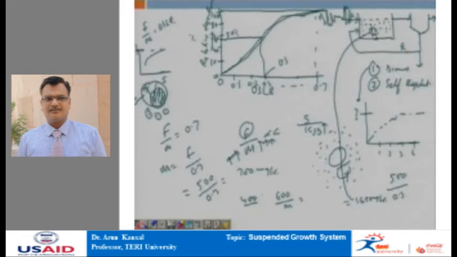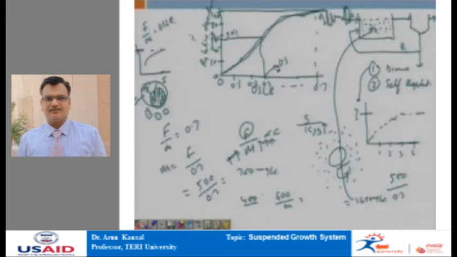The biomass concentration in the aeration tank is determined by this factor, and self regulation is achieved by maintaining the food to microorganisms ratio, or organic sludge loading rate, at somewhere around 0.3. In this way, we are able to self regulate the activated sludge process, that is, fluctuations in the incoming BOD are taken care of, and the effluent which comes out is of relatively consistent quality.